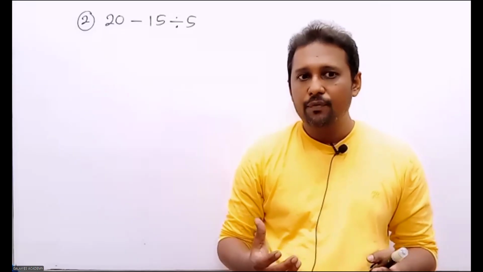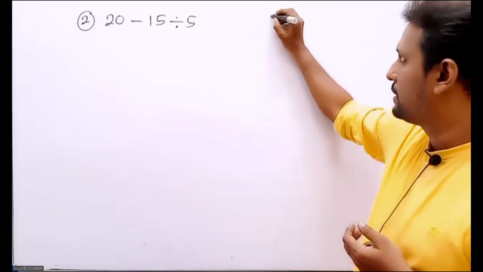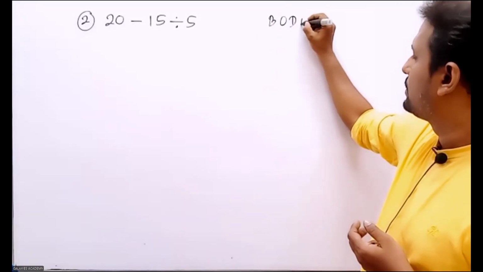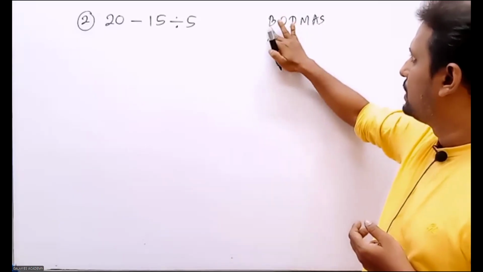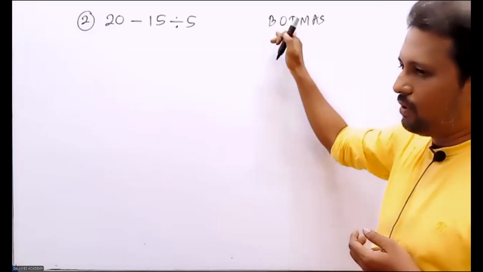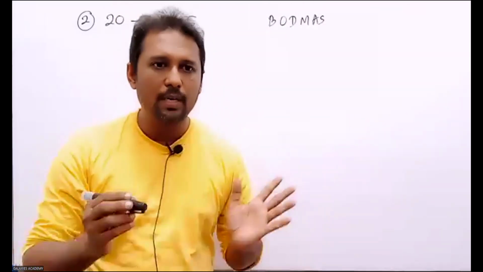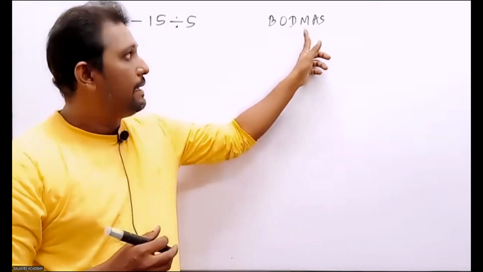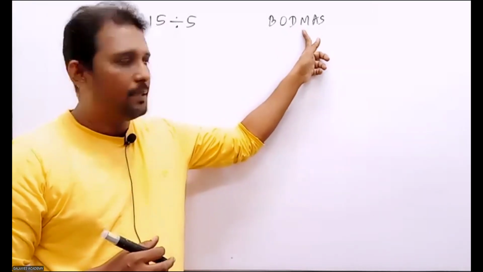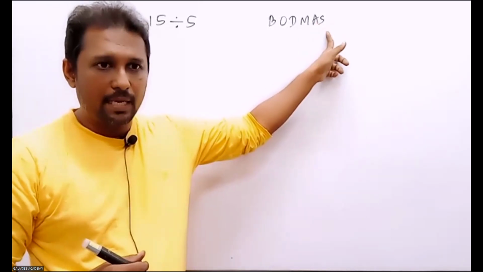What does BODMAS mean? B means brackets, O means of. You study about "of" in grade 9. Now remember: D division, M multiplication, A addition, S subtraction.